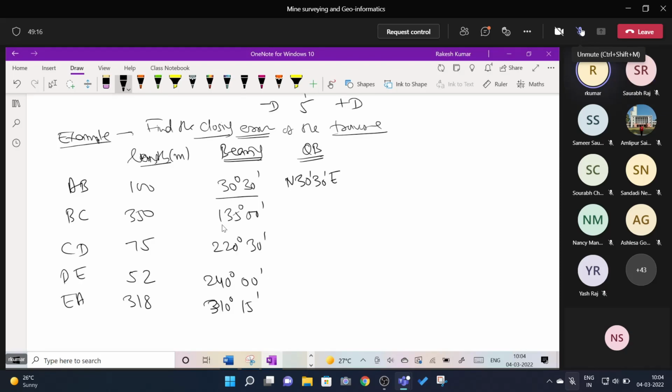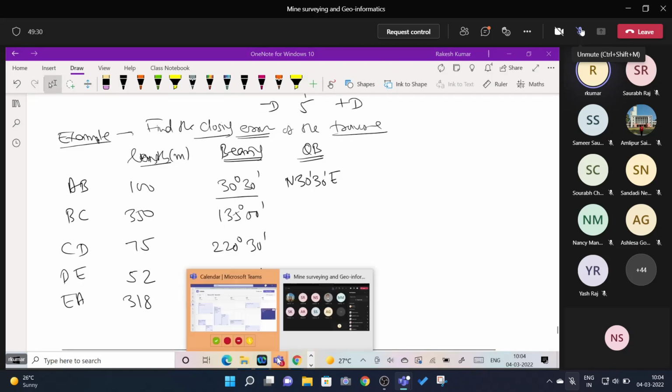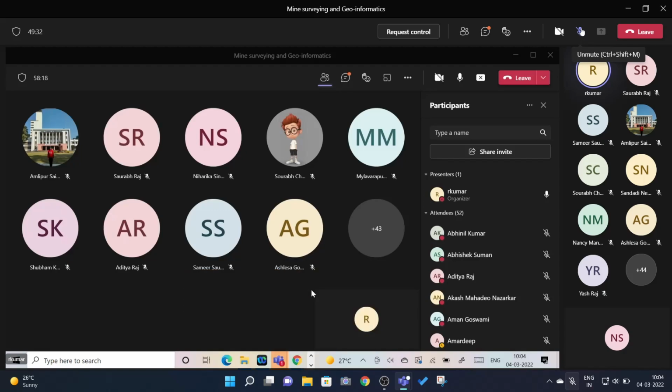Now, what about this 135 degree 0 minute? Give the quadrantal bearing. East 45 degree south.